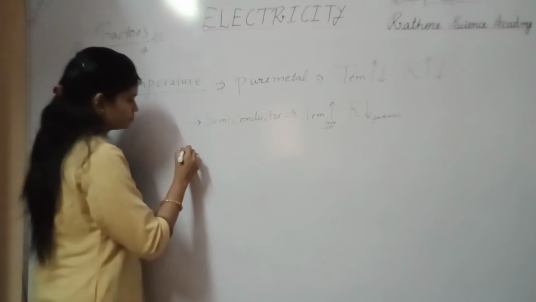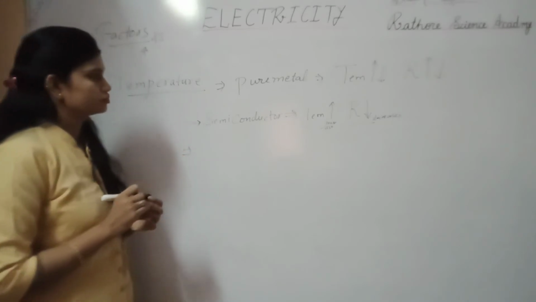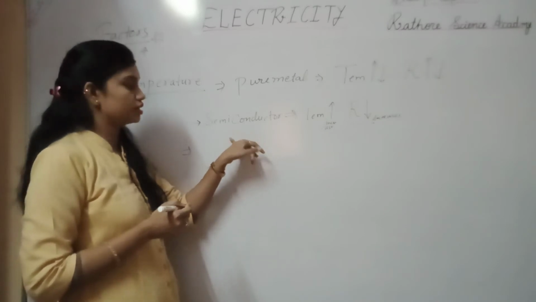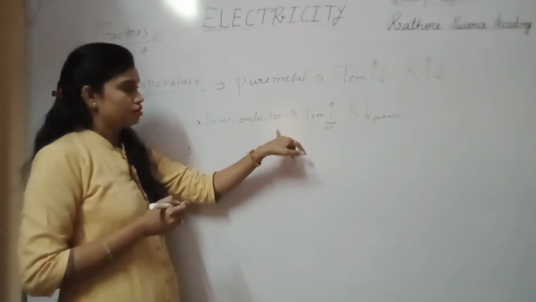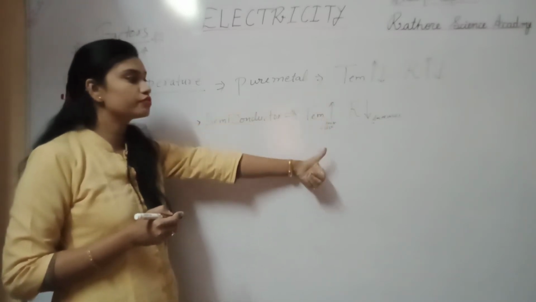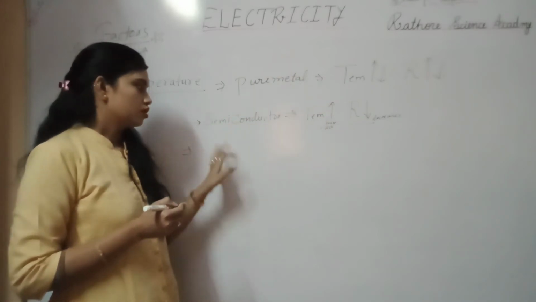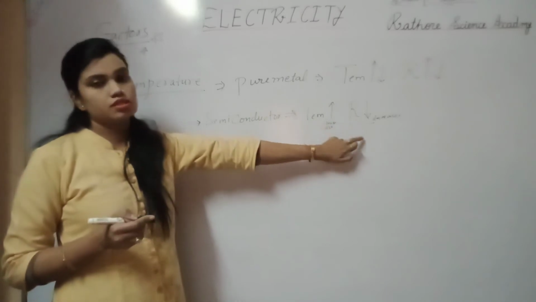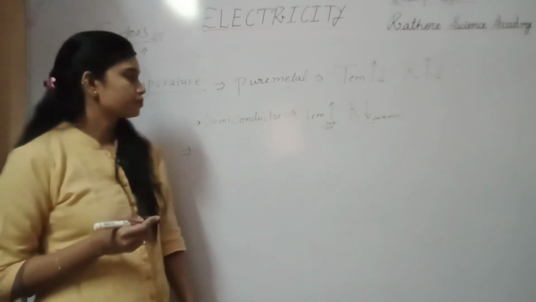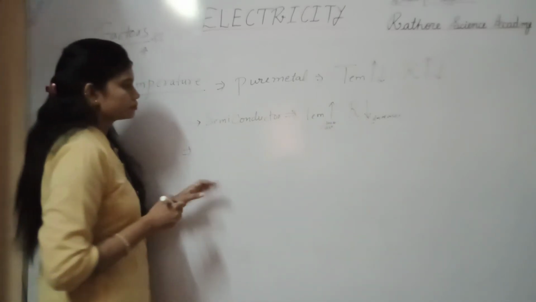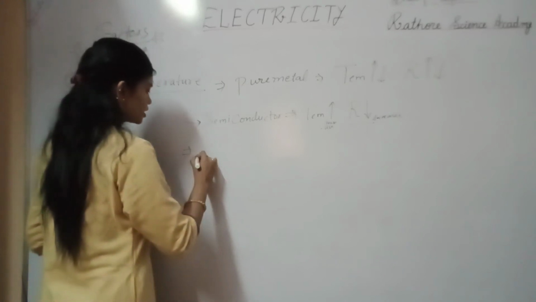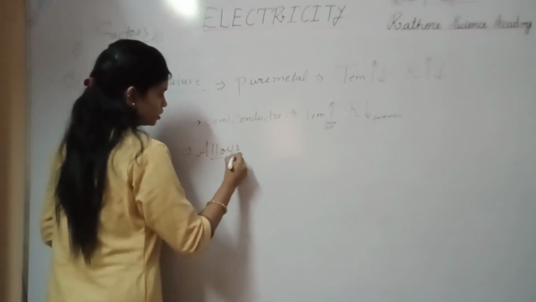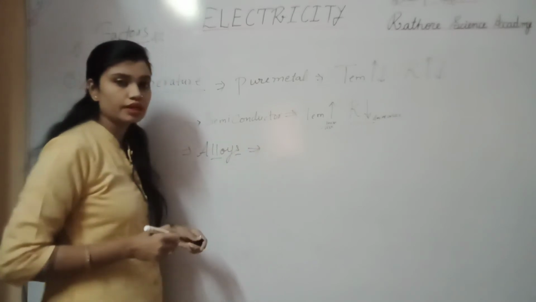Now see, that means in case of a semiconductor like silicon and germanium, whenever we increase the temperature, the resistance of the conductor decreases. Okay. Now see, in case of alloys, you have to learn all this, okay? In case of alloys, what happened?